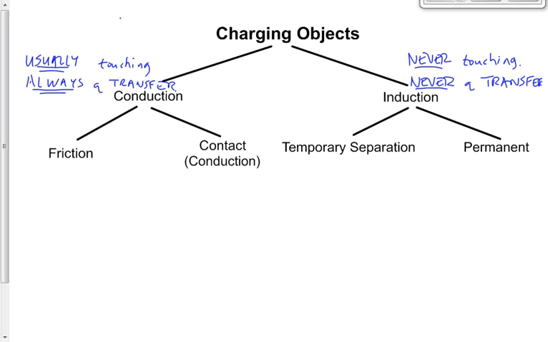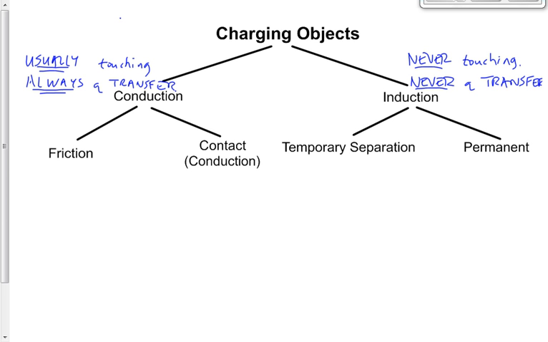That's still conduction because charge has still been transferred. But notice it didn't involve touching them. Sometimes with conduction, two objects get close enough that it's as if they're touching and the electrons just jump across the gap. They arc from one to the other. That's still conduction because it still involves a transfer of charge.